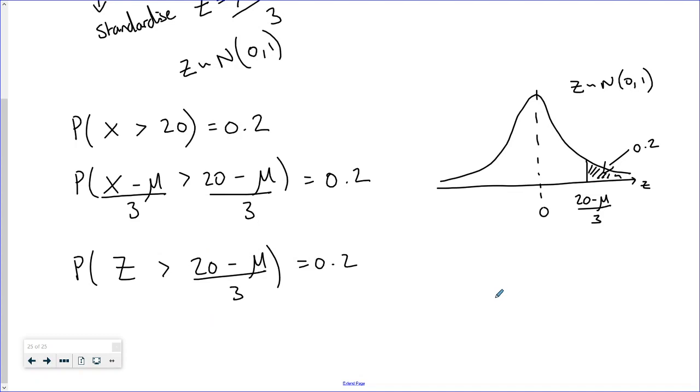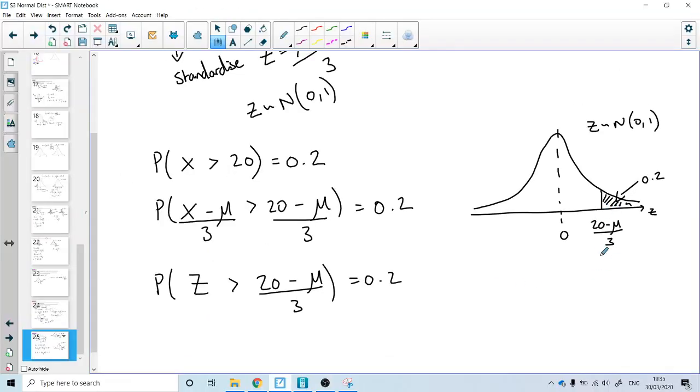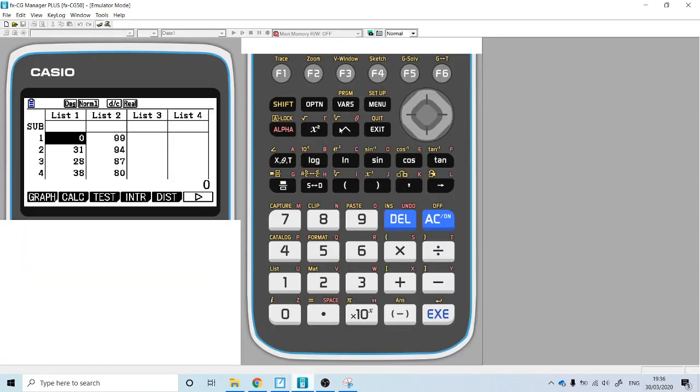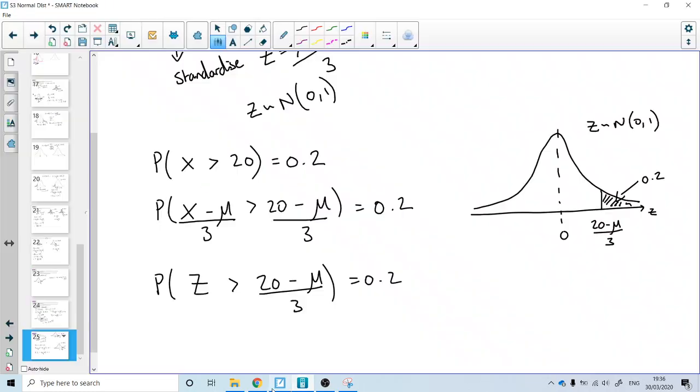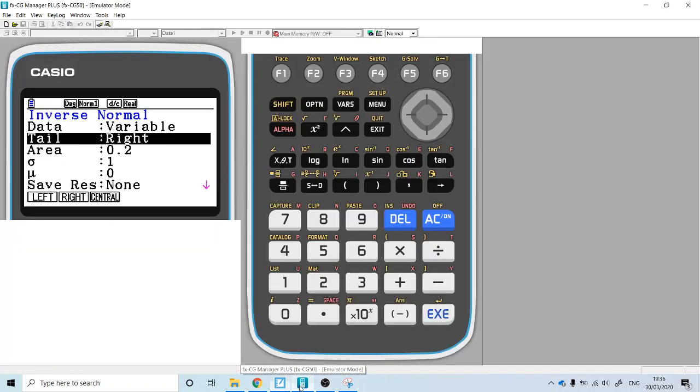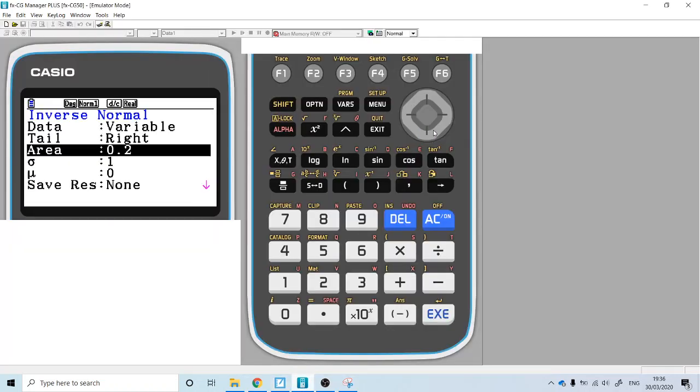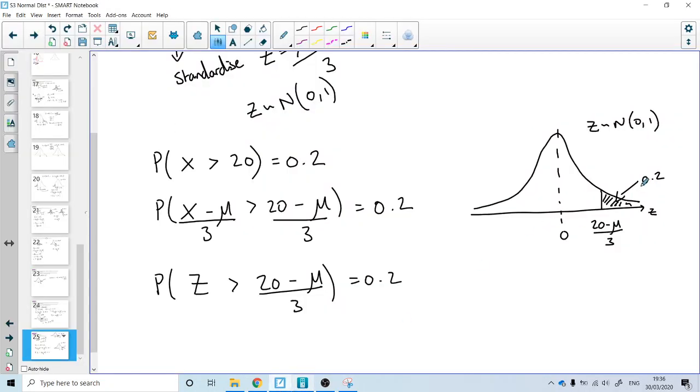Well, we can use our calculators to work out what this value is by using inverse normal. If we go to our calculators and go on distribution, normal, inverse normal, we want the right of our unknown value to have an area of 0.2, and because we're working with z now, we know that the mean is 0 and the standard deviation is 1.